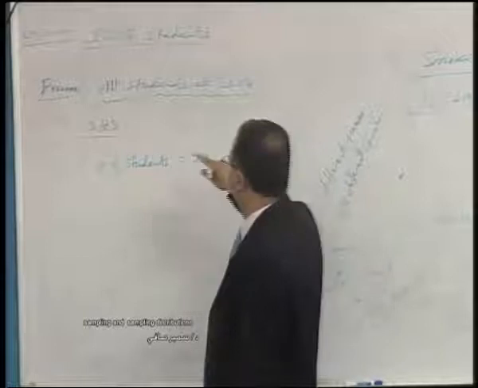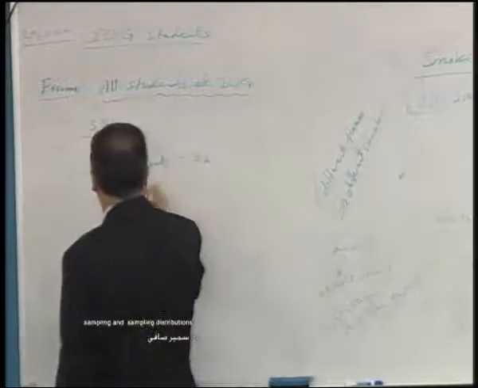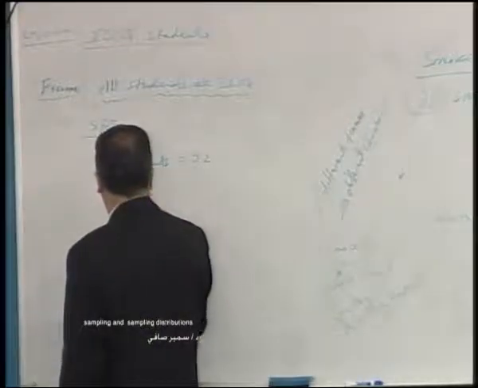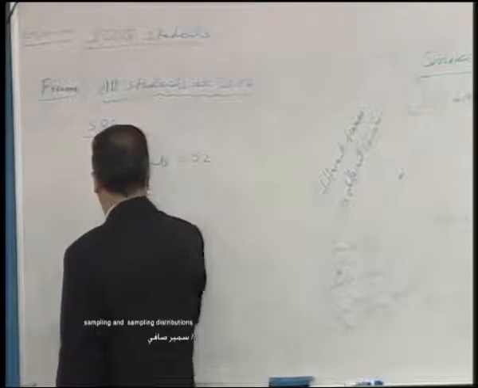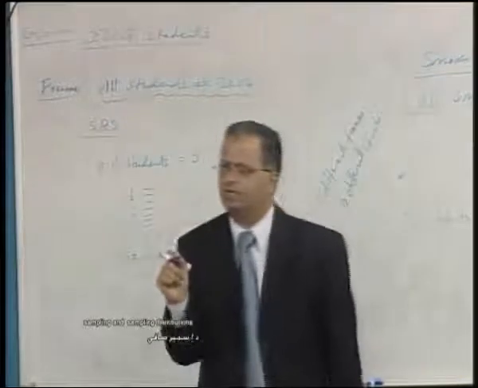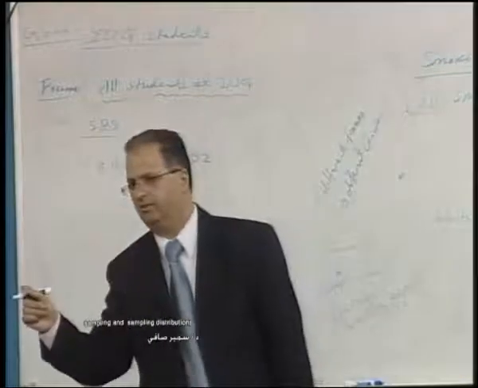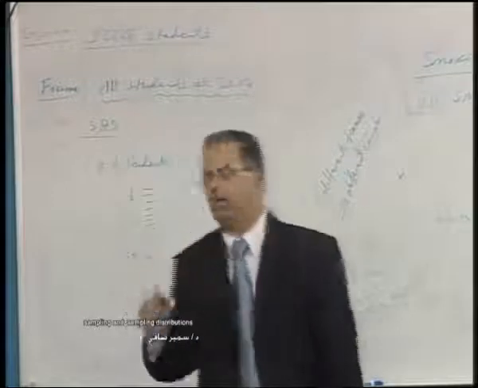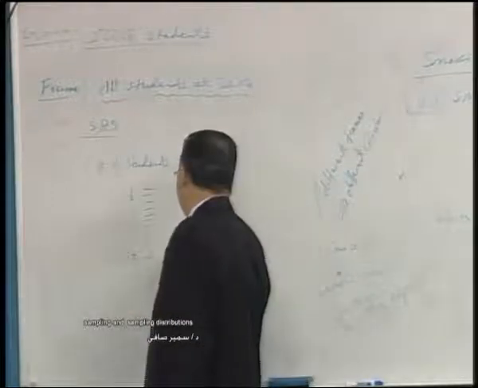So each student from 1 up to 52 has the same probability of being selected, 1 divided by 52.